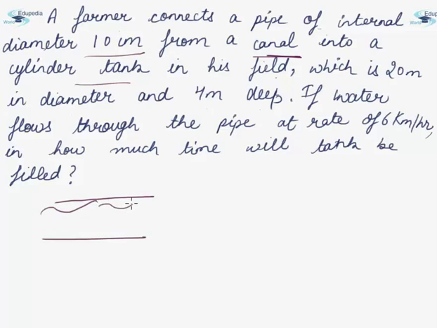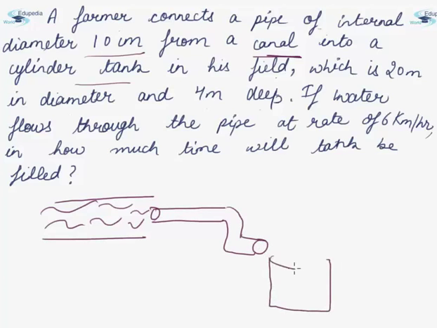Friends, a canal is an artificially made thin flow of water which is used for irrigation purposes and can also be used for household purposes after proper treatment. So we have connected water from this canal with the help of a pipe to a cylindrical tank.